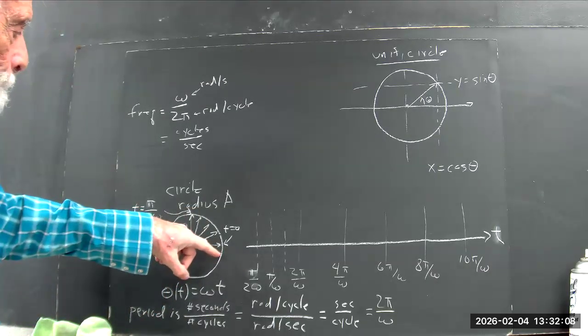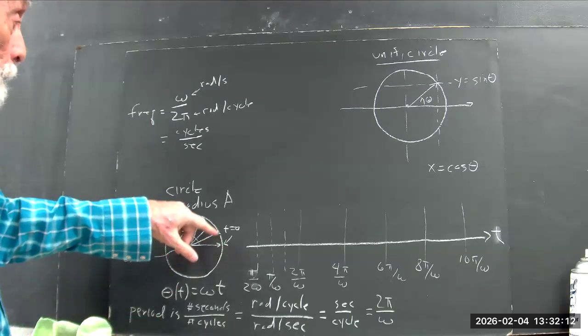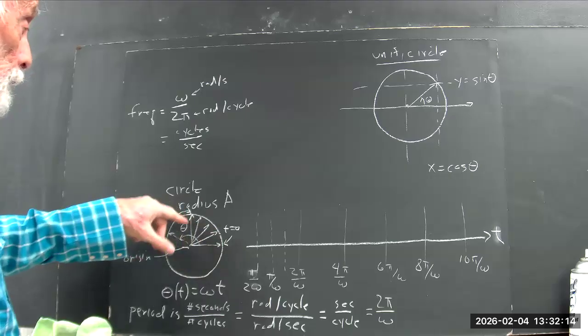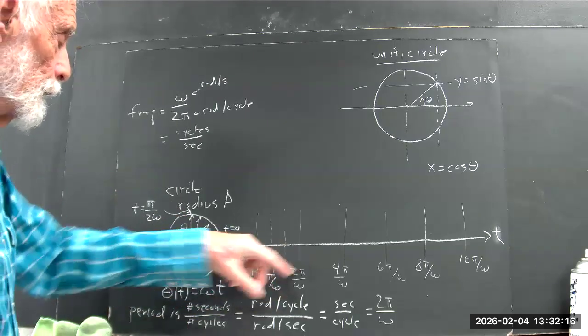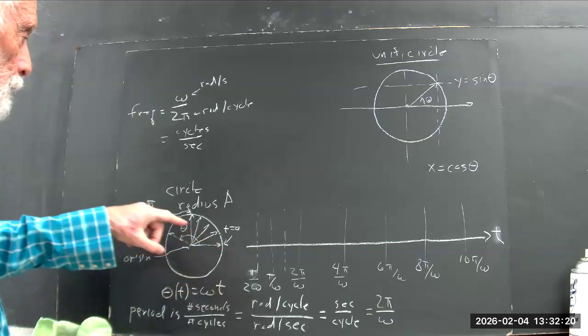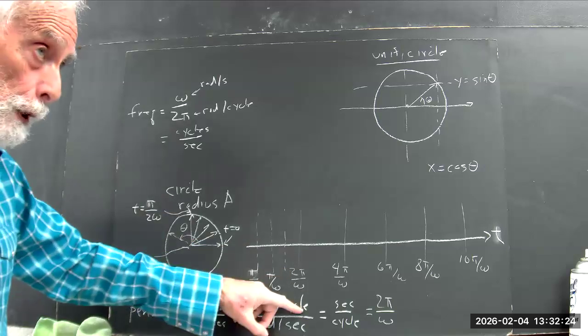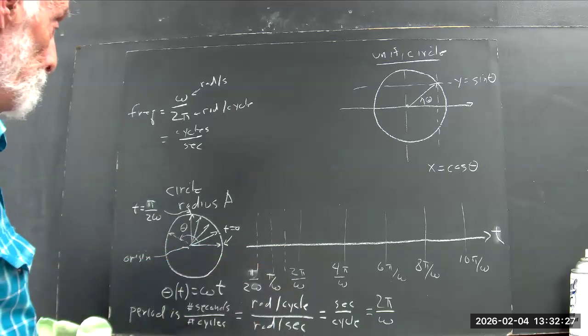So my reference point moves around the circle at a constant velocity. In the first quarter period, it moves from the t equals 0 position to the t equals pi over 2 omega position, 1/4 of 2 pi over omega, 1/4 of the period.